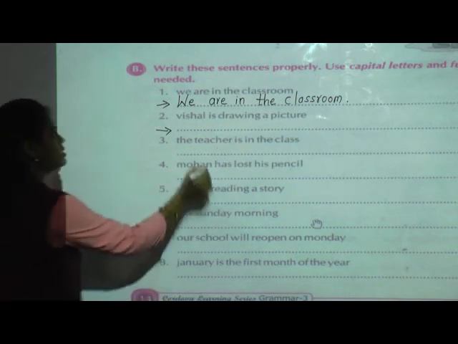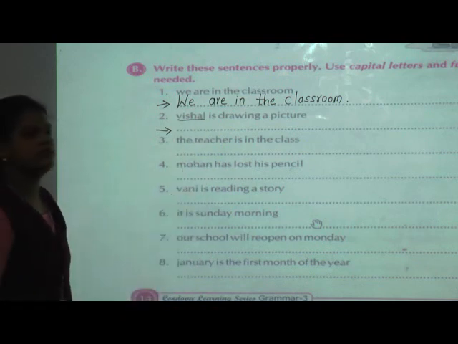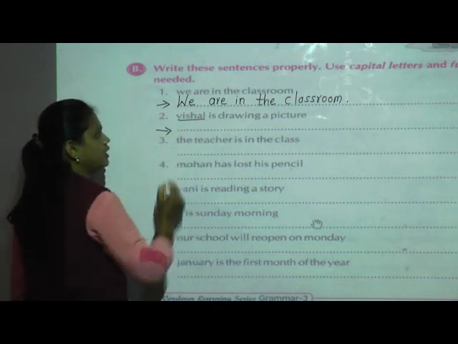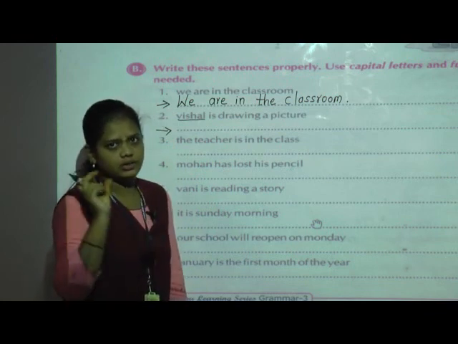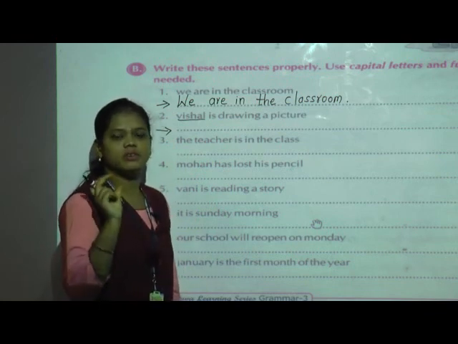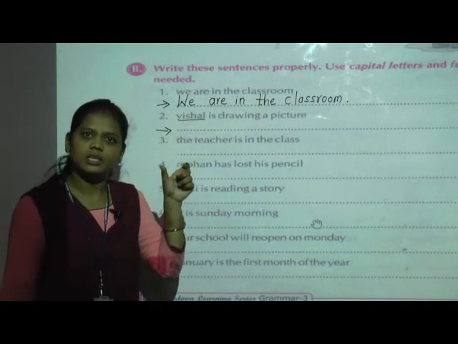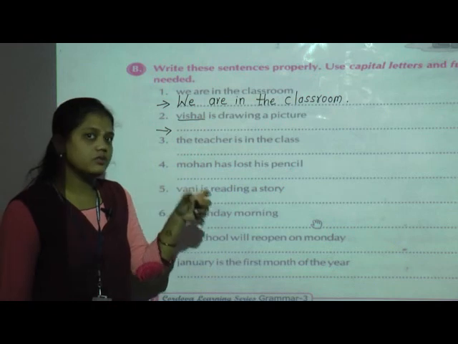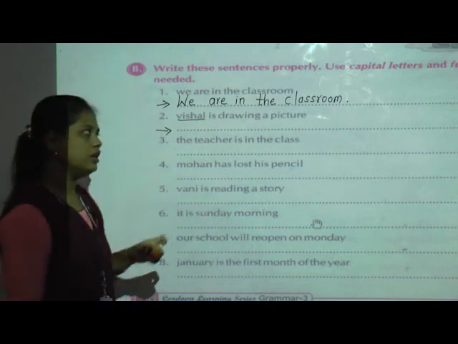Now here you can see Vishal is the name of a person. So while writing, whenever the name of a person comes, we have to write the first letter as a capital. But here Vishal is also the first word. Whenever the first word comes, the first letter we have to write in capital.